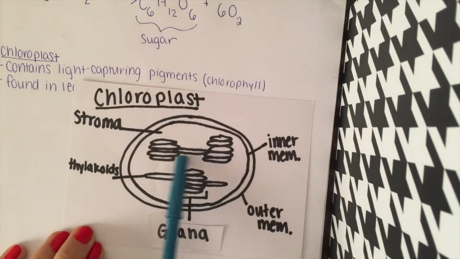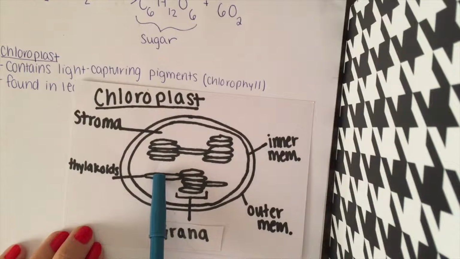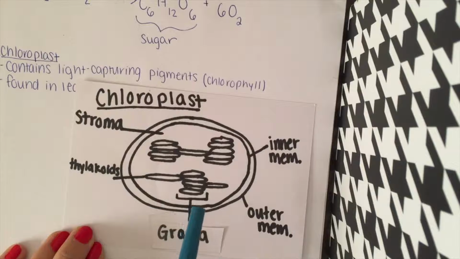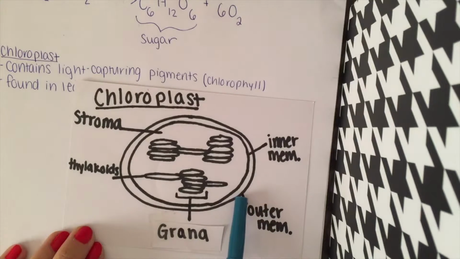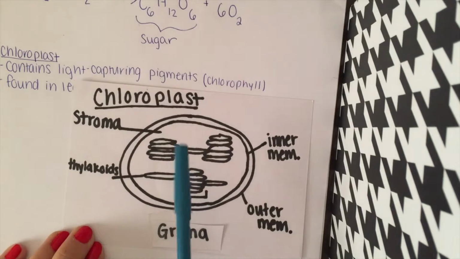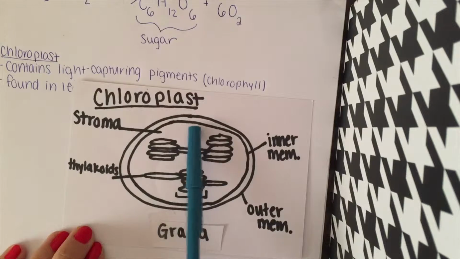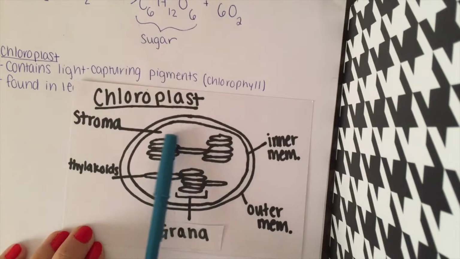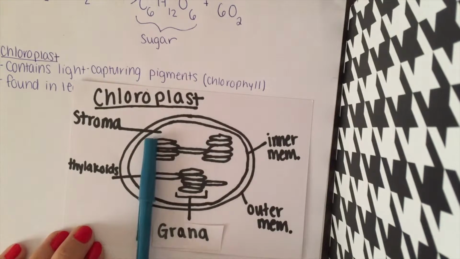These little circle-y things are called thylakoids, and when they're stacked up, we call those grana. So we have the outer membrane, the inner membrane, thylakoids that are stacked up in grana, and the space in between the inner membrane and the thylakoids is called the stroma. So all this white space is the stroma.